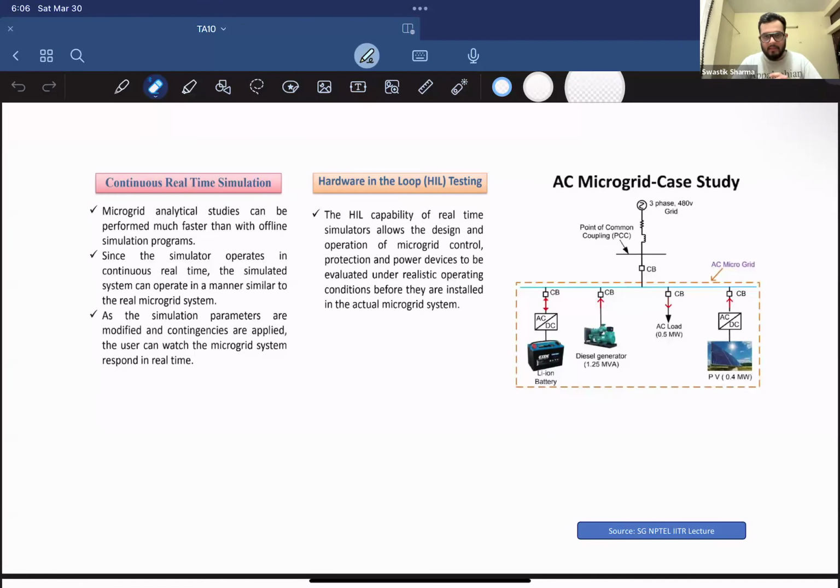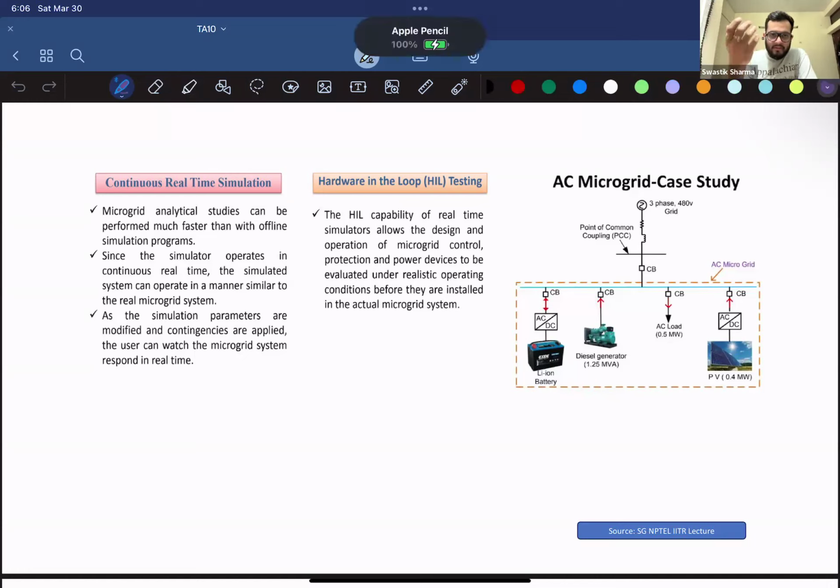I discussed in depth last class what real-time simulations are and how they are conducted using RTDS or OPAL-RT or Typhoon.